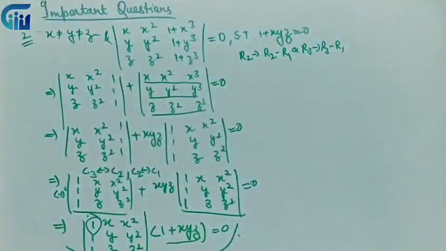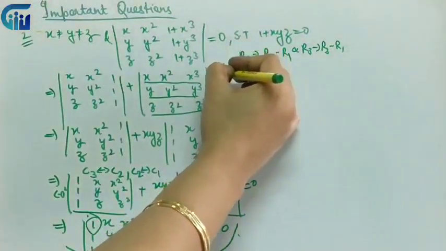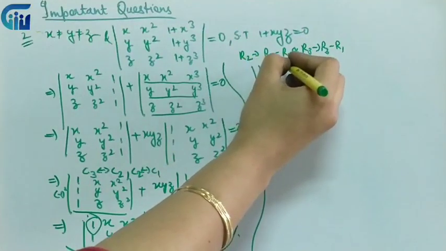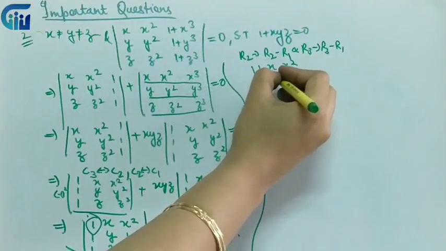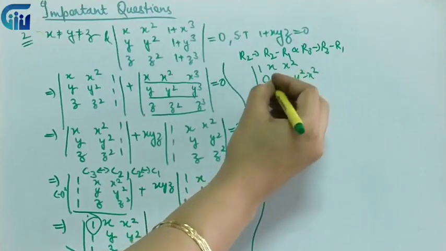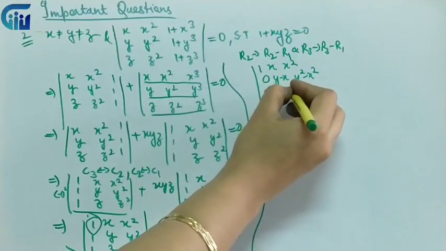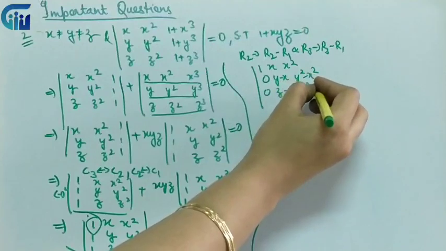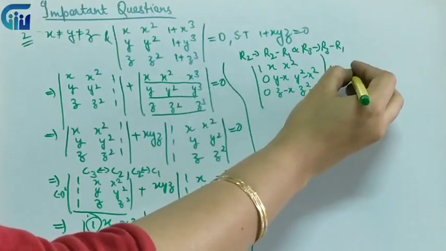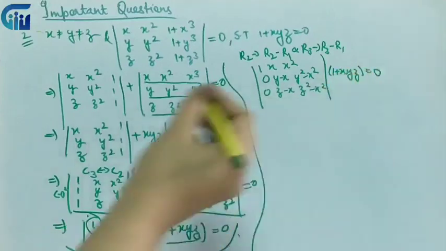So I will fix R1 and subtract it from both R2 as well as R3. So this will be 1, x square, this will be 0, this will be y minus x, y square minus x square, this will be 0, this will be z minus x, z square minus x square, and this is 1 plus xyz equal to 0.